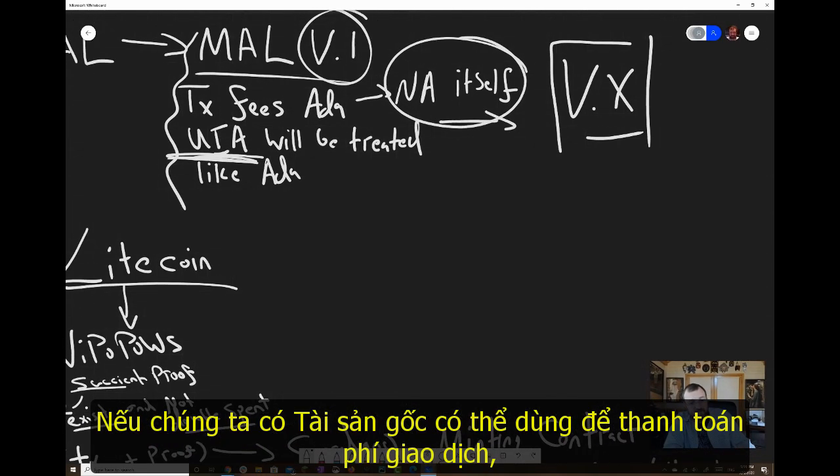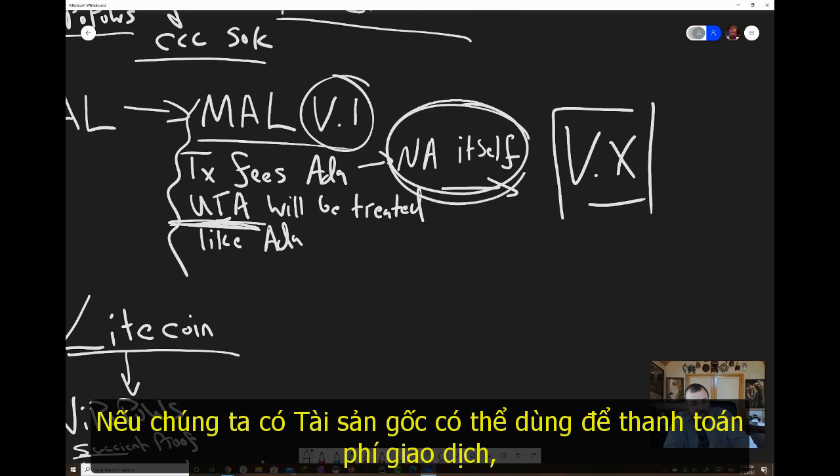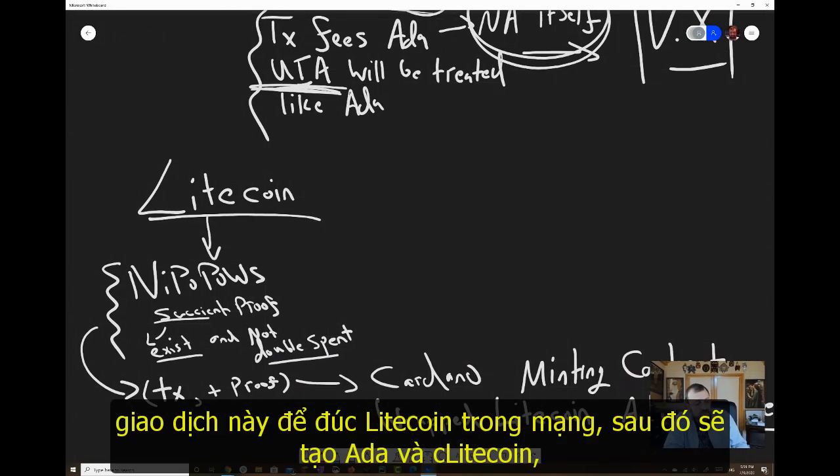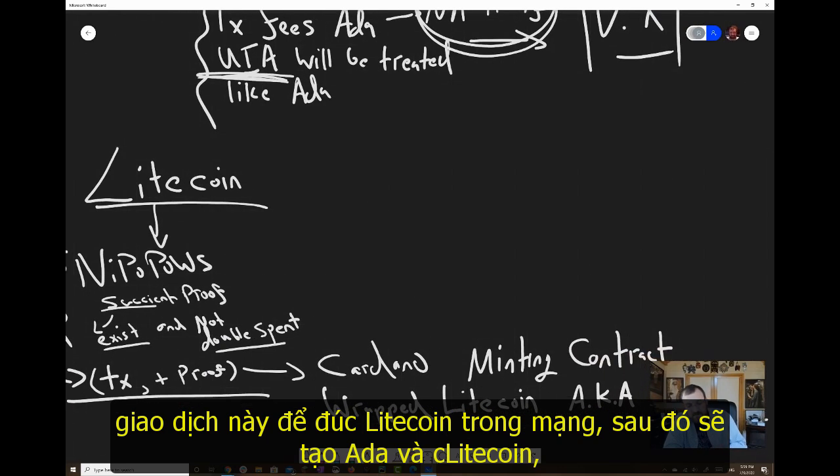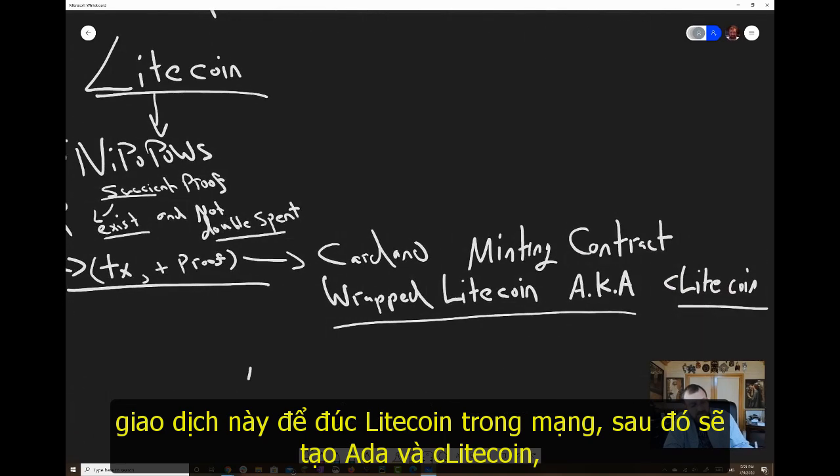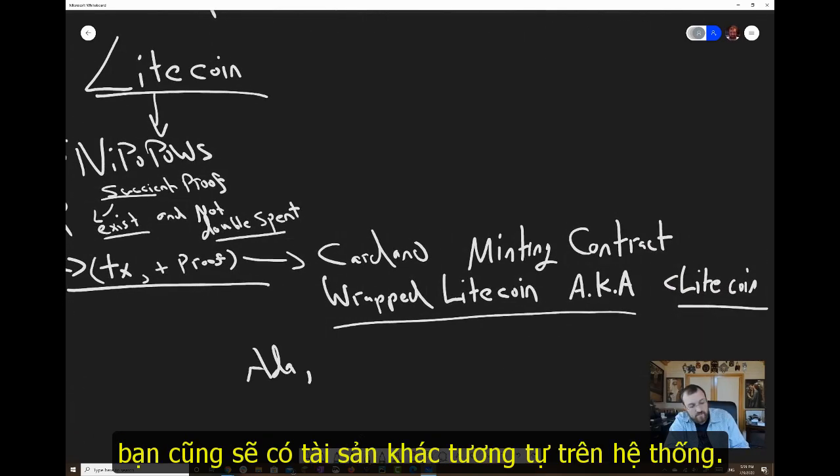If we had the native asset itself paying transaction fees, then what would occur is this transaction to mint Litecoin in the network would then create ADA and C Litecoin. You'd have this other asset floating around the system.